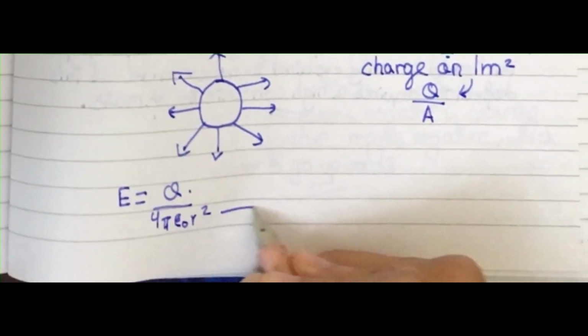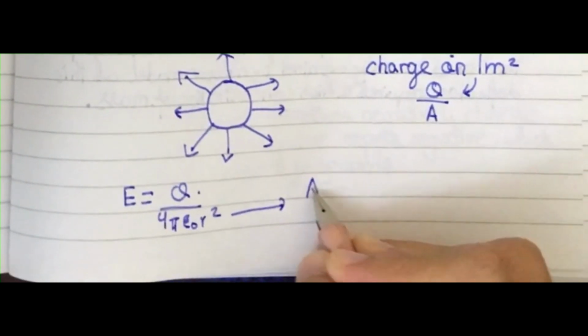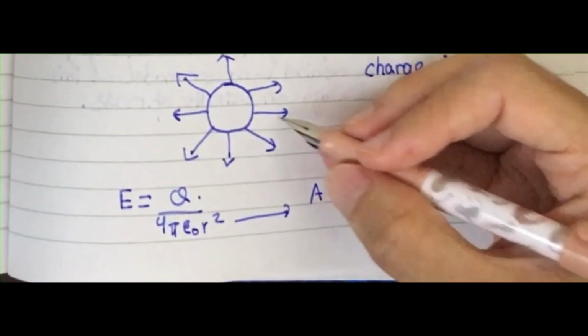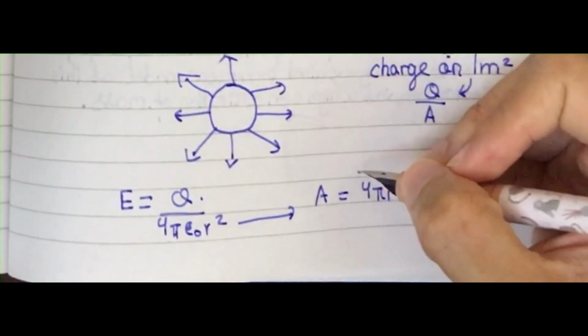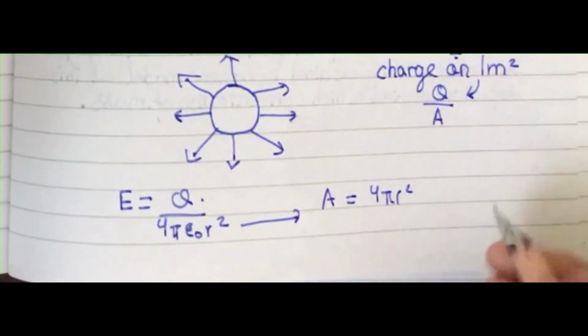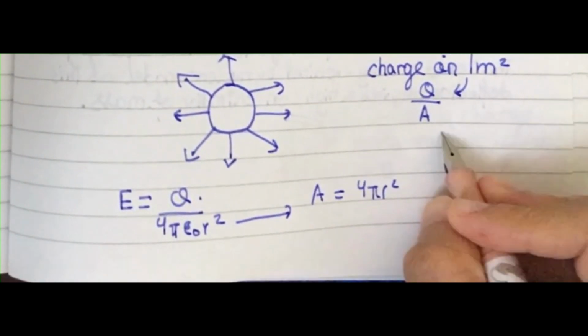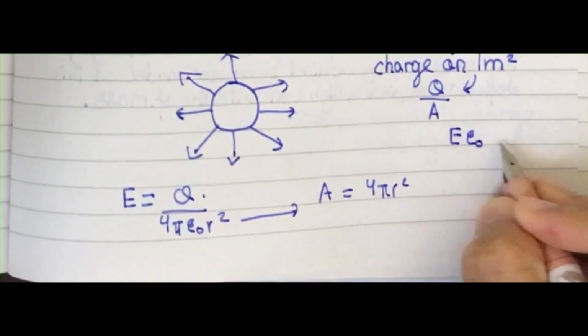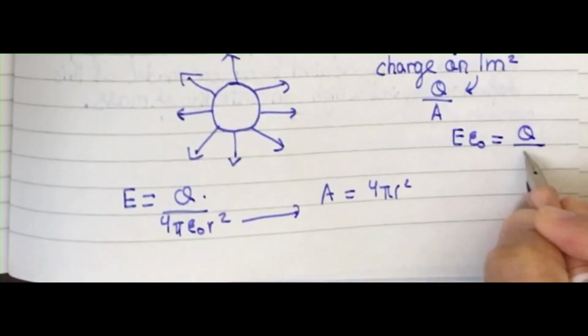And we can say that area is basically equal to 4 pi r square because it is a sphere, as you can see, it's a circle. So in other words, we can write it as E, and then this permittivity of space I can make go up, is equal to Q by A.